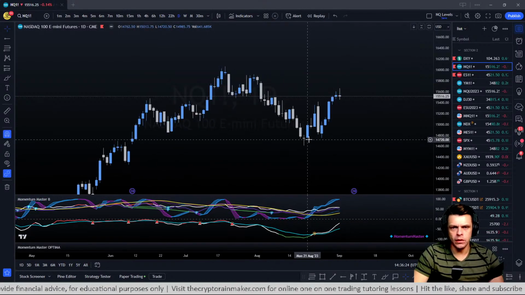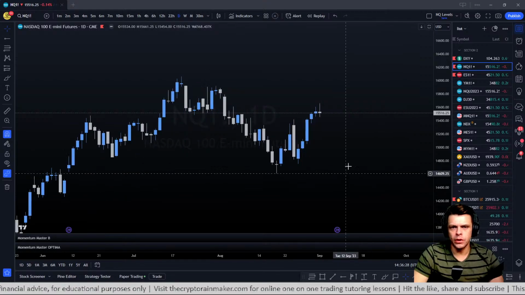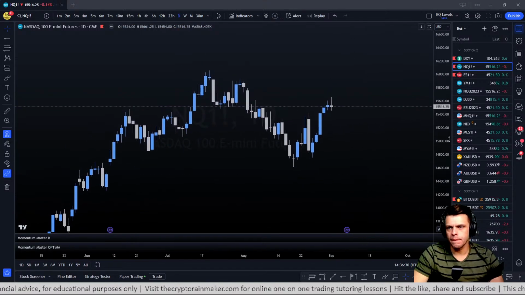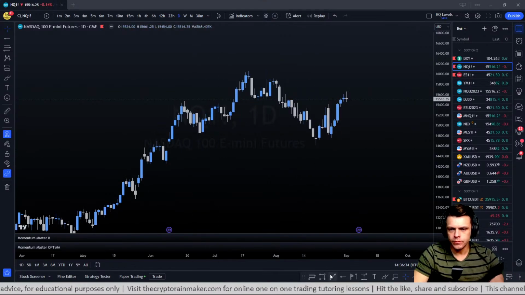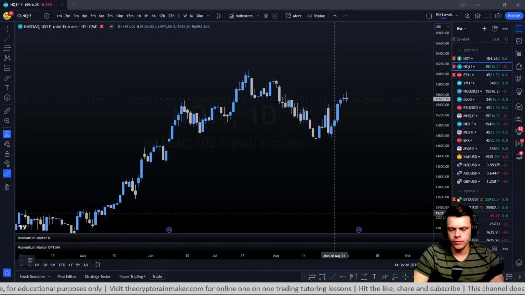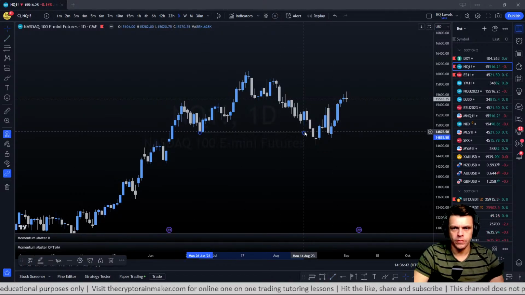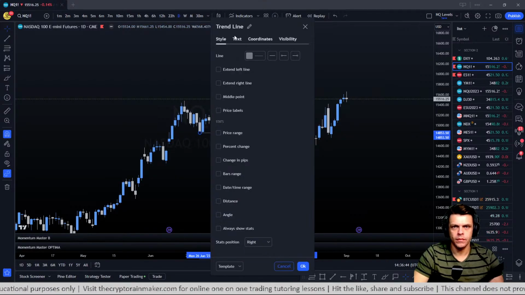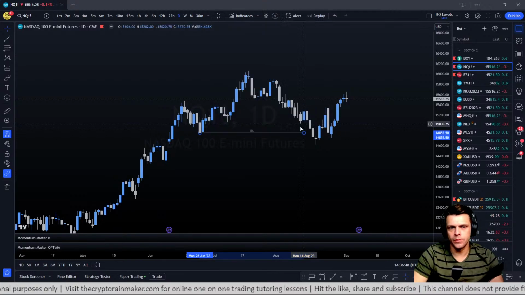Okay, so let's have a closer look at the price action for the Nasdaq. Just going to temporarily close that. Let's quickly see what happens. We had this low right here. This is the sell side liquidity.